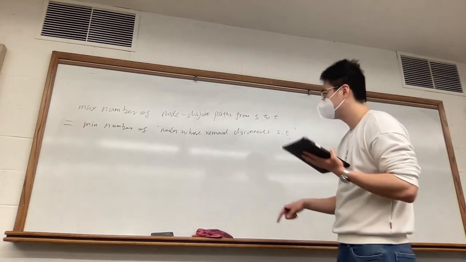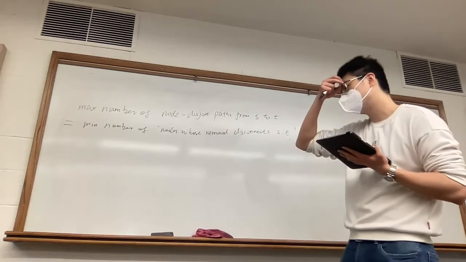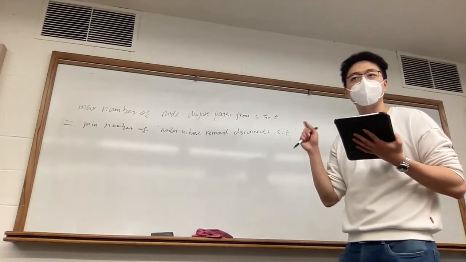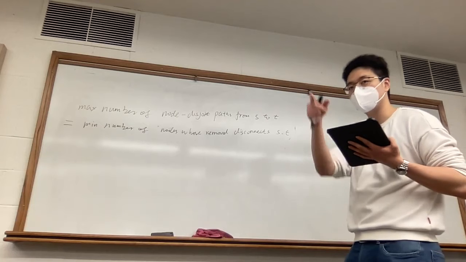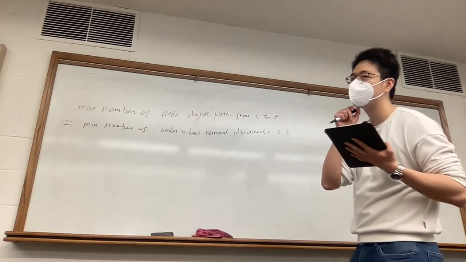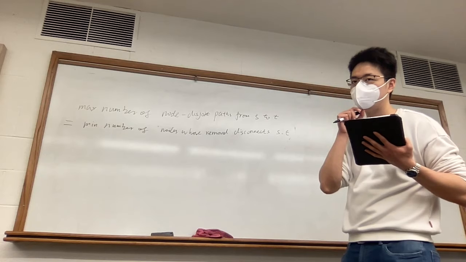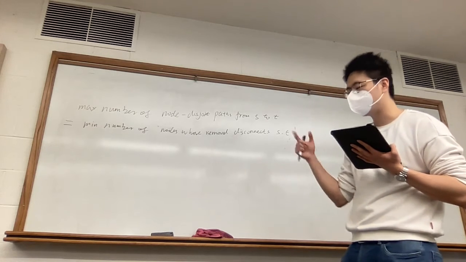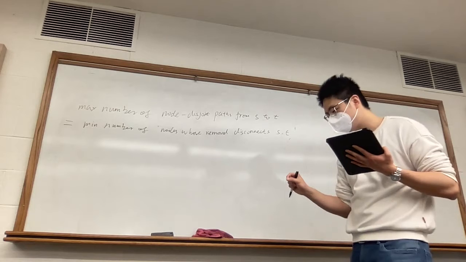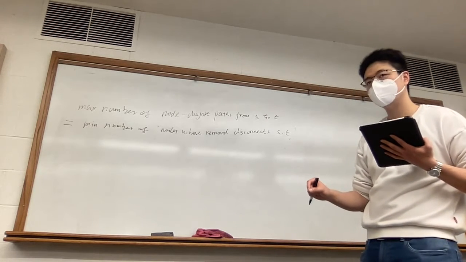Then how can we prove this by max flow? I'll give you some hint. The hint is to do a network transformation. Maybe we make all the arcs in the network nodes and all the nodes in the network arcs?